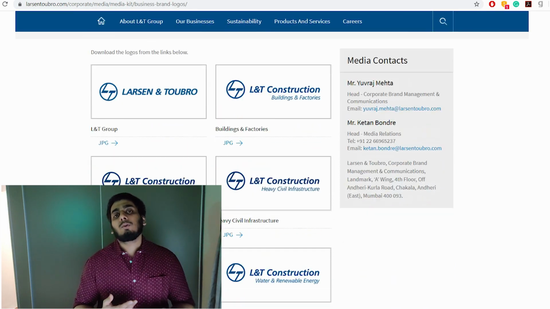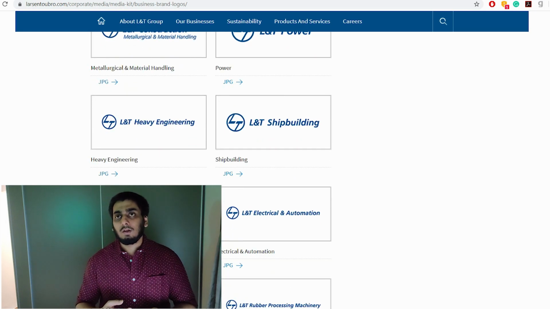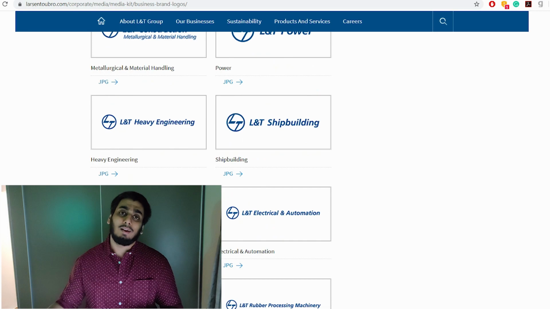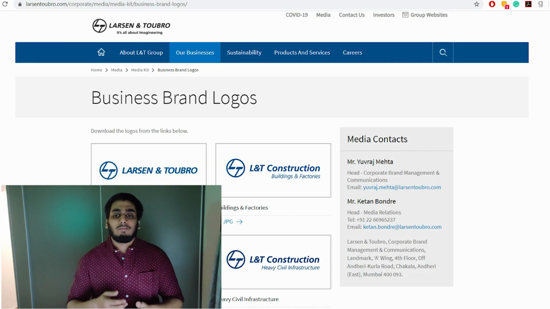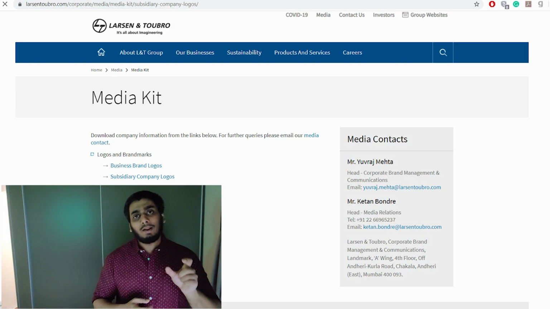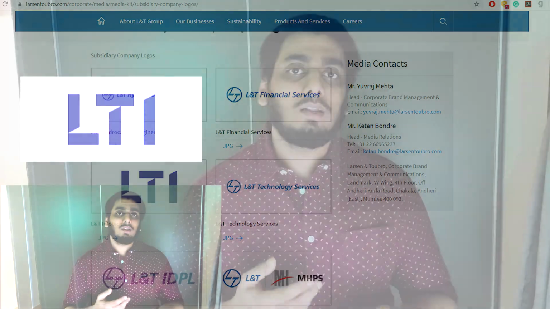When I was researching the company on the website, I found the media kit. In the media kit, there were a lot of logos of all the businesses that LNT does, and when I was going through it, I found one odd man out kind of logo. It was a recently branded company, LNT Infotech.